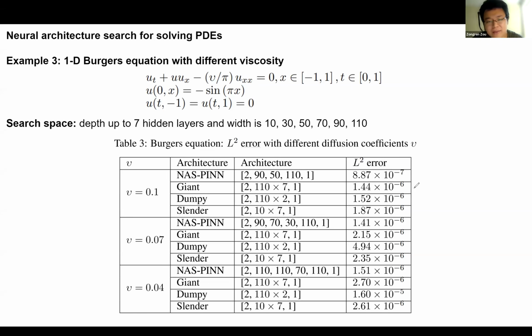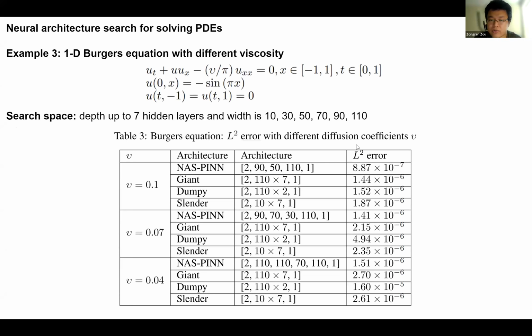I think 10 to the minus 3 is much more reasonable for this type of architecture and this type of viscosity. But they tested on this 1D Burgers equation, and they show that NAS-PINN has the lowest L2 error compared to other manually chosen architectures.